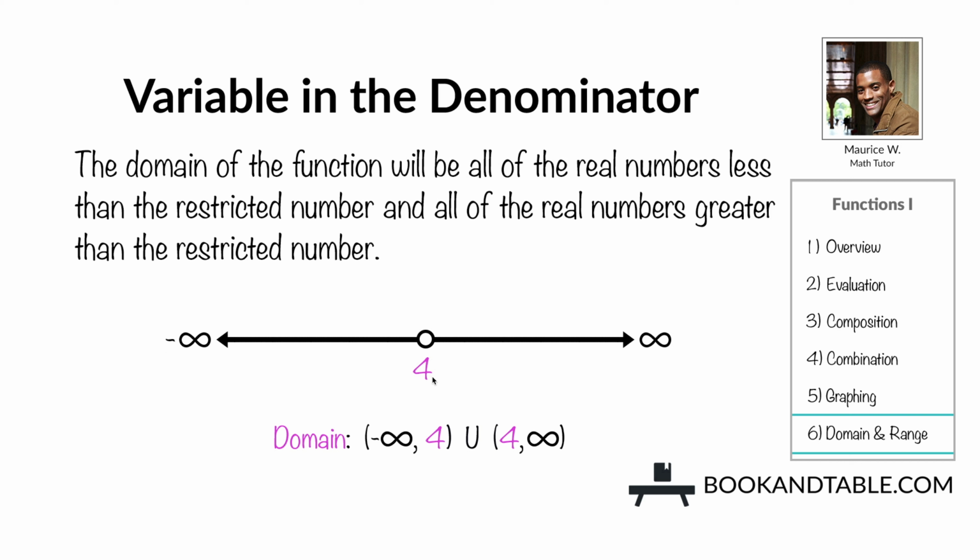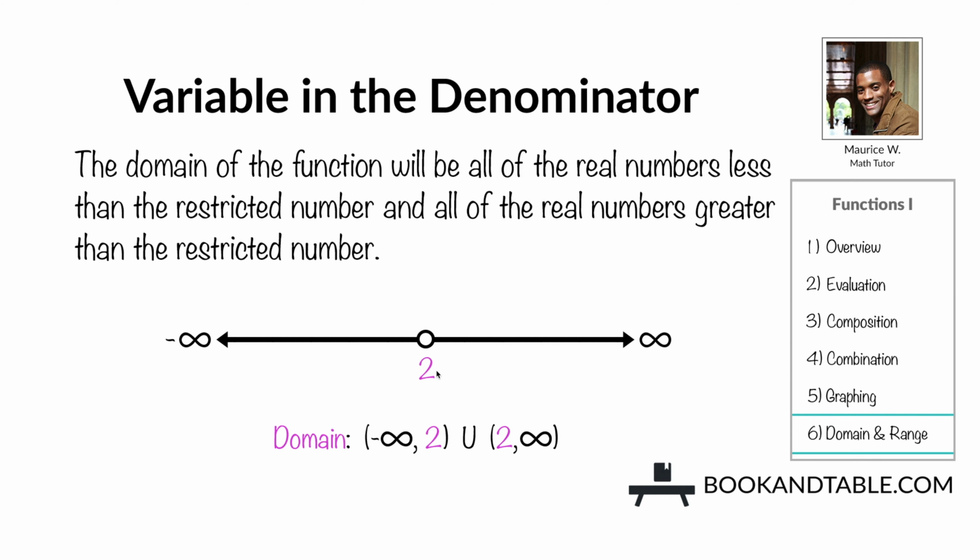Parenthesis to the right, since 4 is not included. A union symbol between the intervals, and then the second interval is from 4 to +infinity. So in the current example, this would be the domain. This is the same as writing all numbers except 4. This is what that would look like in interval notation.